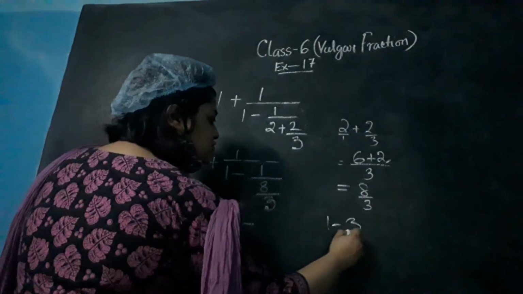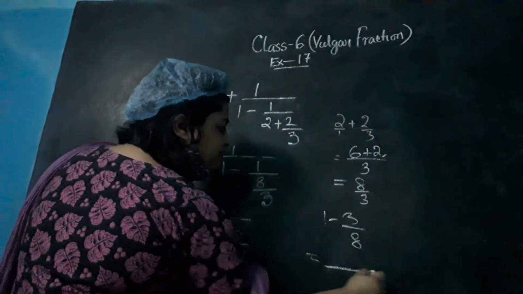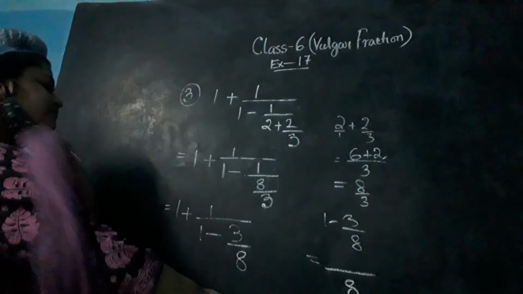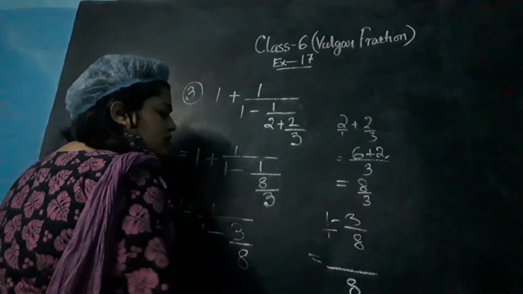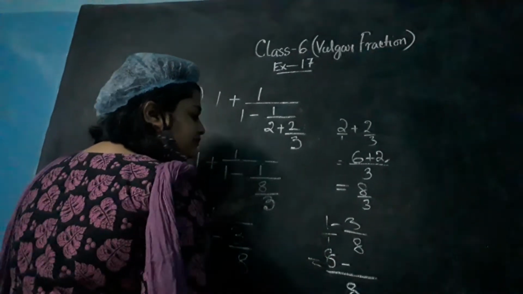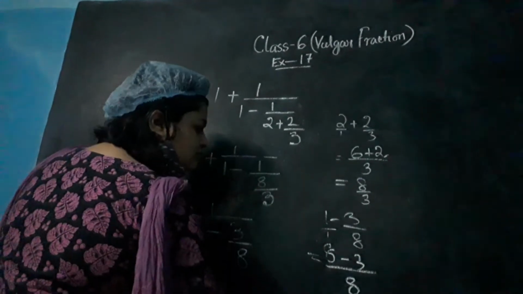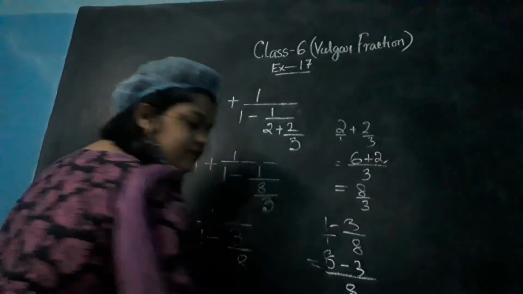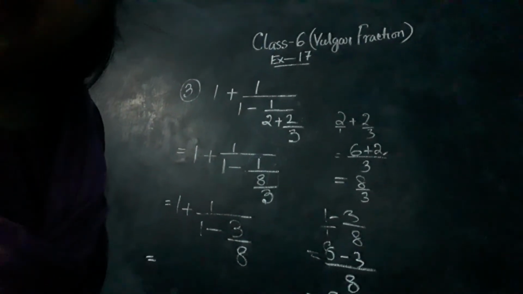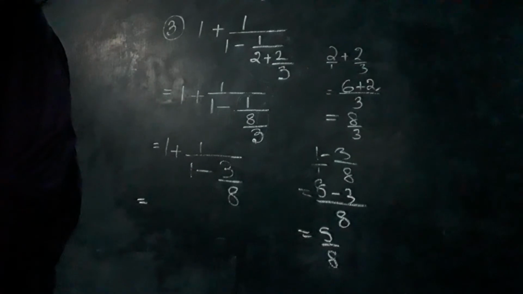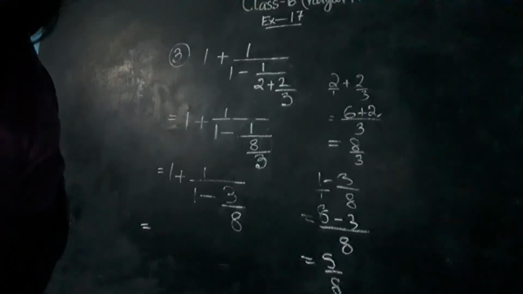1 minus 3 by 8 means the LCM is 8, so it is coming 5 by 8. 5 by 8 is coming at the end.